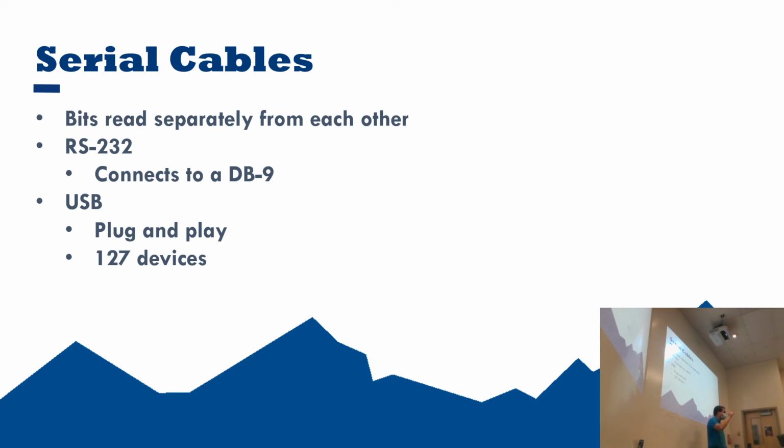The big sort of pink or purple connector, maybe maroon, whatever color you want to see there. What were those used for? Printers. Do printers need to go very fast, especially back in the day when they're printing basically plain text? No, they don't. So serial cables allow us to have a lot more data go across at a time, even though they're going to be read one at a time.